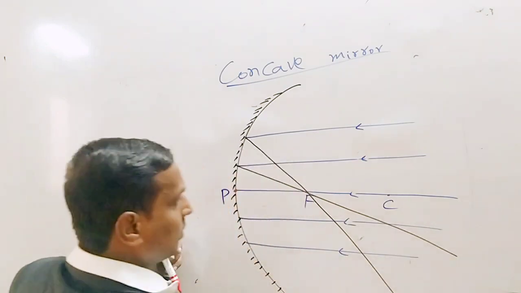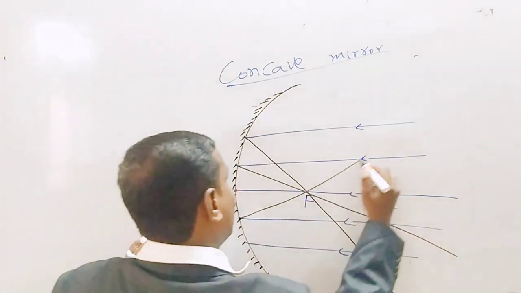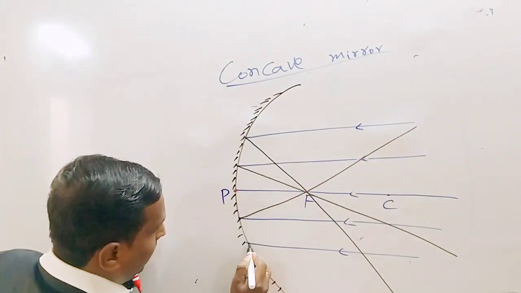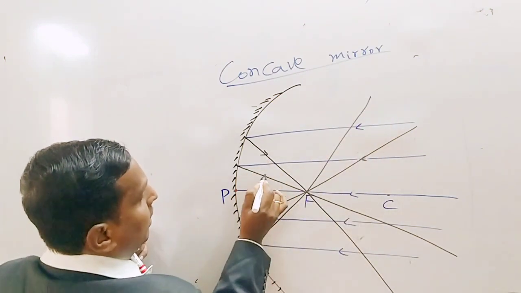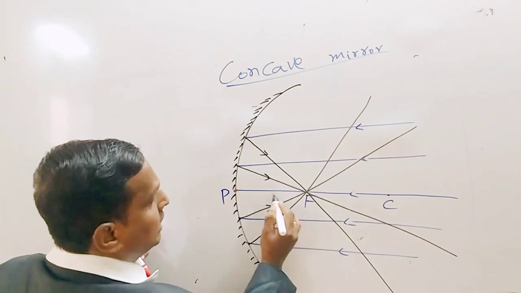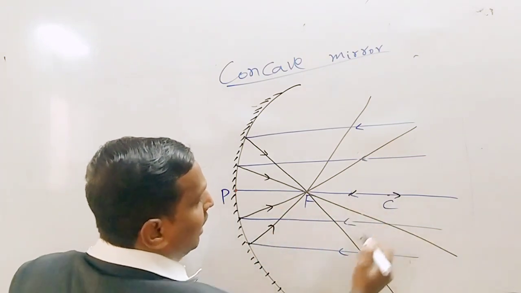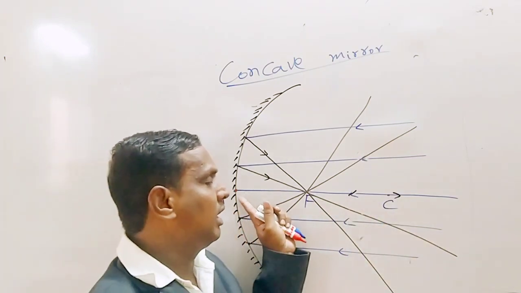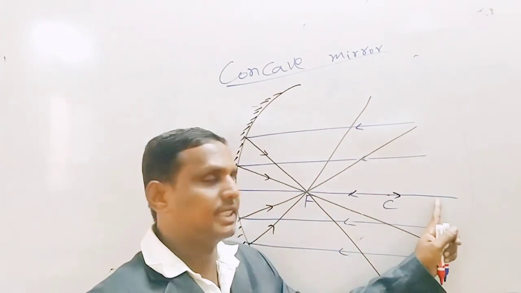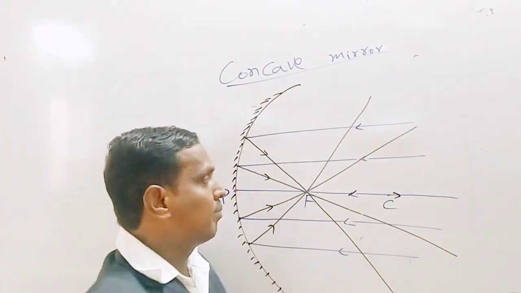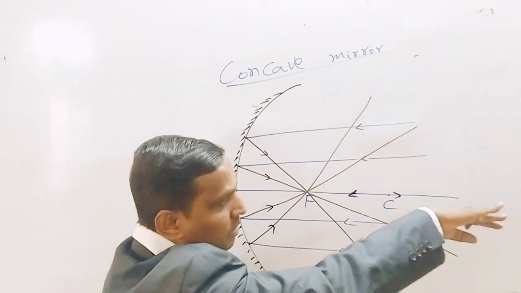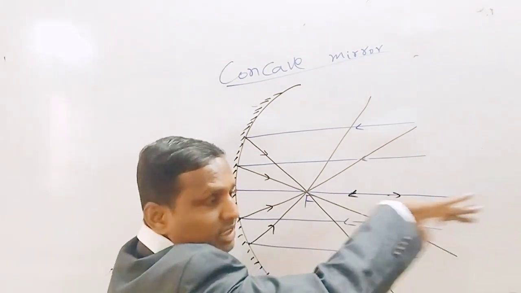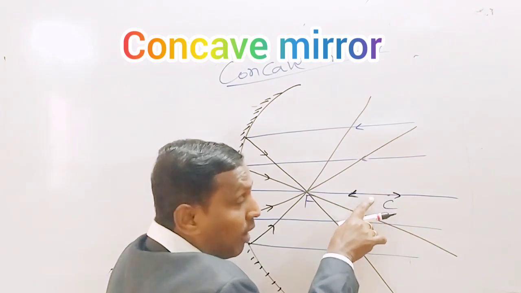See the arrow I am showing. This one is also the same along the principal axis. The light ray will come back along the same line, only along the principal axis.